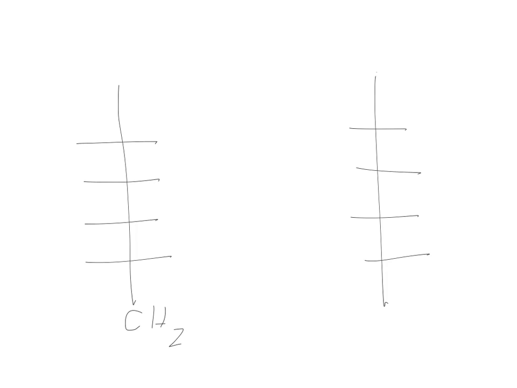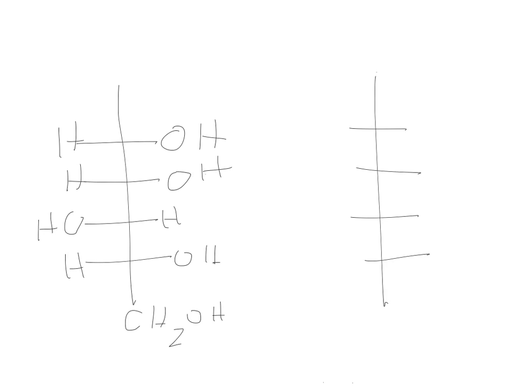By the way, this one right here is a reduced sugar. These are only alcohols and hydrogens. I don't have my stylus, and so it's not picking it up very well. So the one on the left is called a reduced sugar.